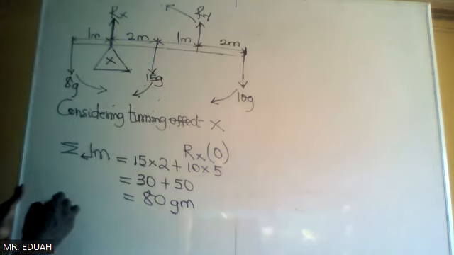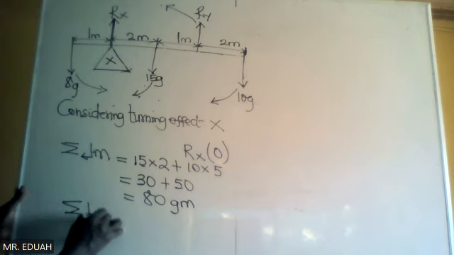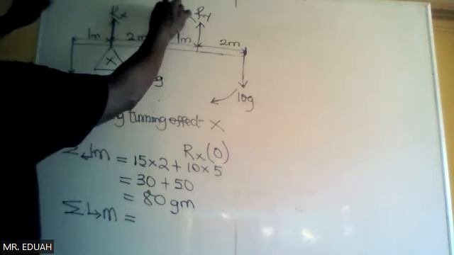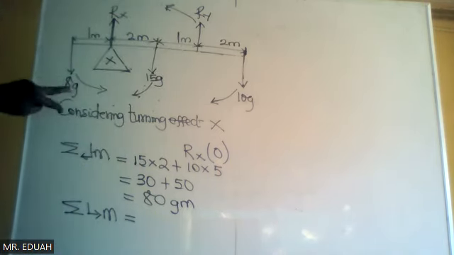Then let's look at the sum of the anti-clockwise moments. This is giving us anti-clockwise. This is also producing anti-clockwise.